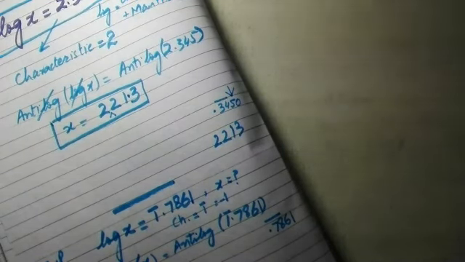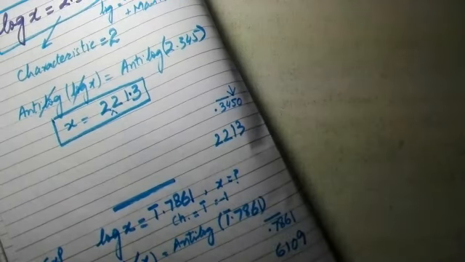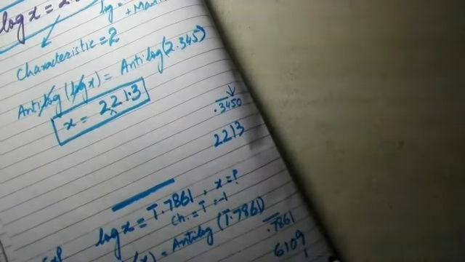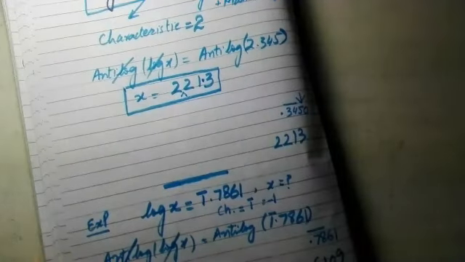If I see 0.78 in the column of 6, it is written as 6109, and 0.78 in the mean difference column number 1 is written as 1.